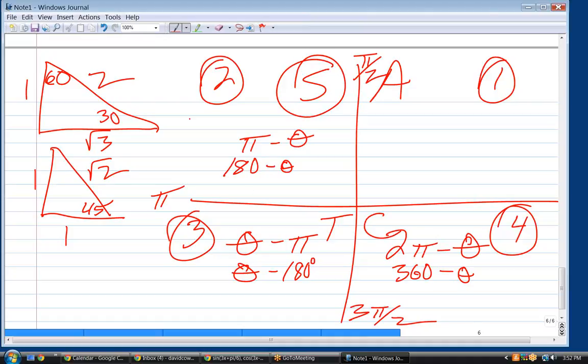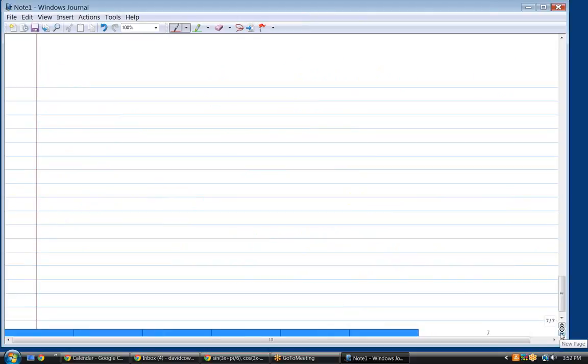All right, so next question is: find the measures of two angles, one positive and one negative, that are coterminal with the given angle of 108 degrees. What's a positive coterminal angle going to be?